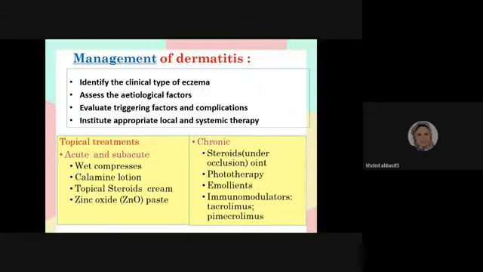We go to another line, which is phototherapy, and immunomodulators, as we said, tacrolimus and pimecrolimus, these are steroid-sparing agents. We can use steroid in acute stage or in the beginning of the chronic stage, but not for a long time, not more than 3 to 4 weeks. Then we have to change into a steroid-sparing agent to avoid the side effects of topical steroids.